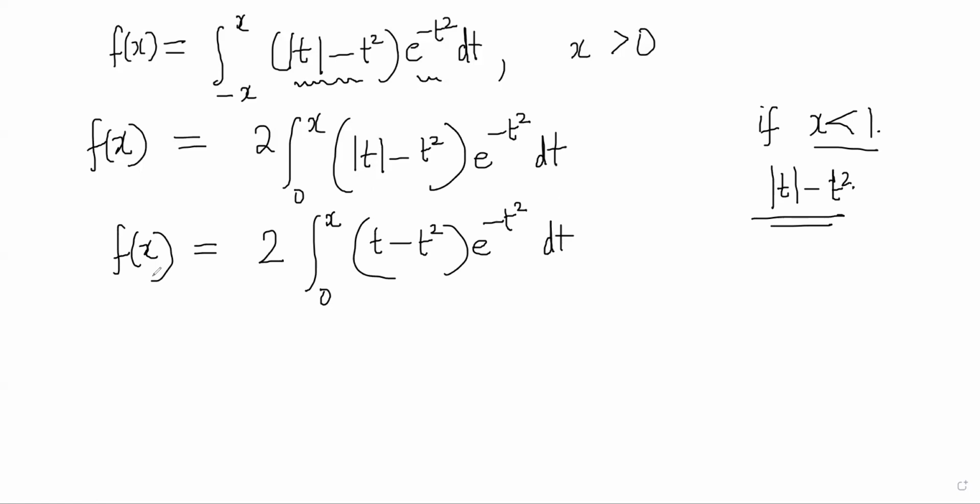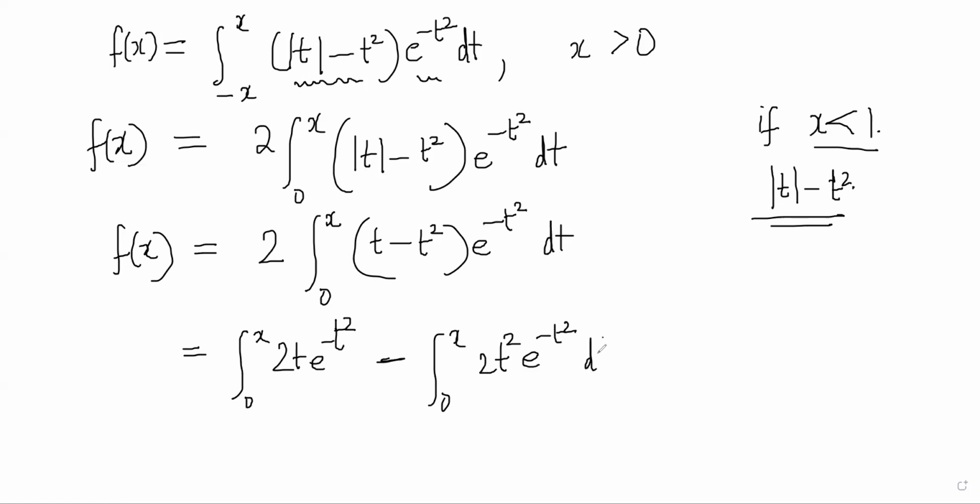Here we can simply try to integrate this. We can split it apart and write it as the integral from 0 to x of 2t e power minus t square, minus the integral from 0 to x of 2t square e power minus t square, dt.